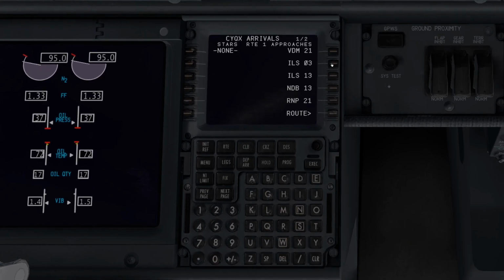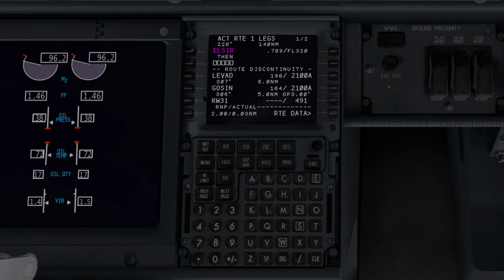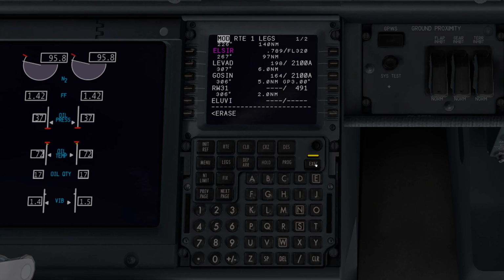So Gander arrival runway 31. I don't know if we need some waypoint. Okay, so that is set.